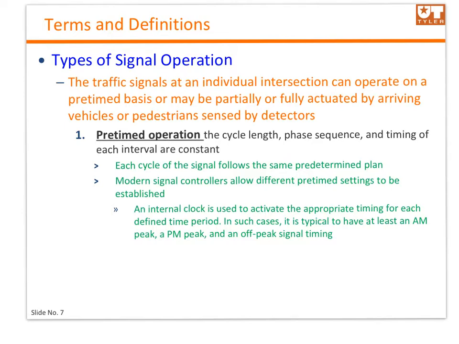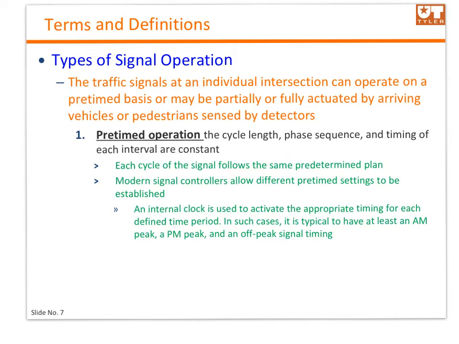That means each cycle of the signal follows the same pre-timed and predetermined plan. It's not going to change if you change daytime to nighttime, weekends to weekdays, or special occasions. If the signal is programmed using a pre-timed operation, it's going to be the exact same thing every single time you go through that intersection.